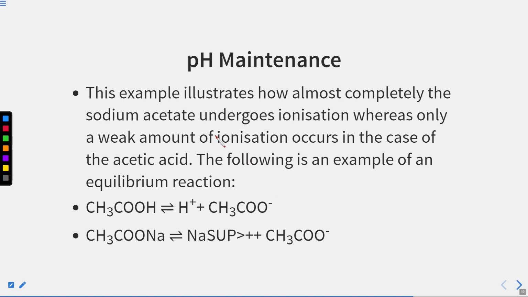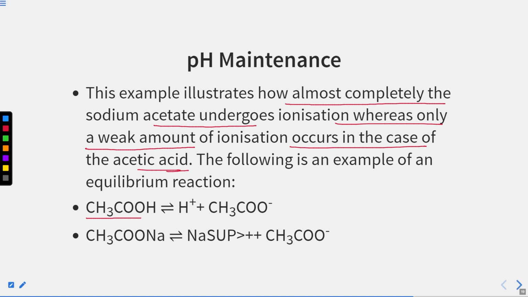This example illustrates how almost completely the sodium acetate undergoes ionization, whereas only a weak amount of ionization occurs in the case of acetic acid. So let us see, this is CH3COOH. It dissociates into the hydrogen ion as well as the acetate ion, CH3COO minus ion and hydrogen ion, right?